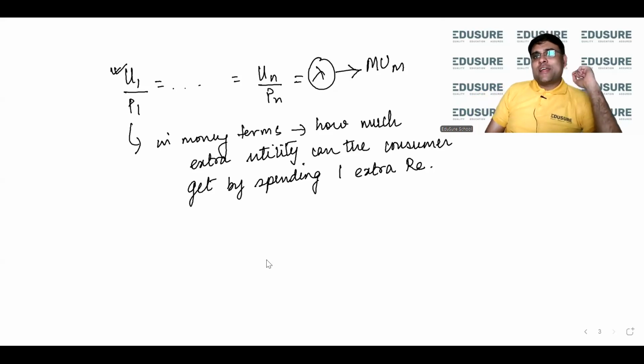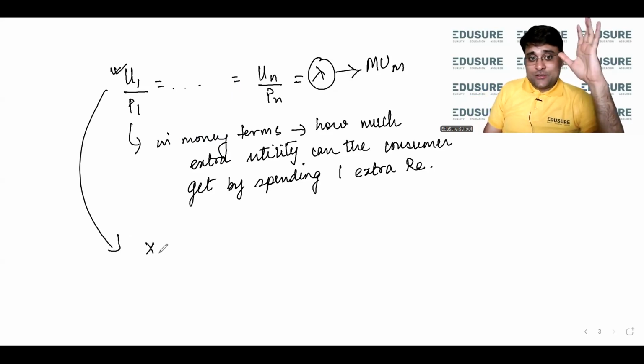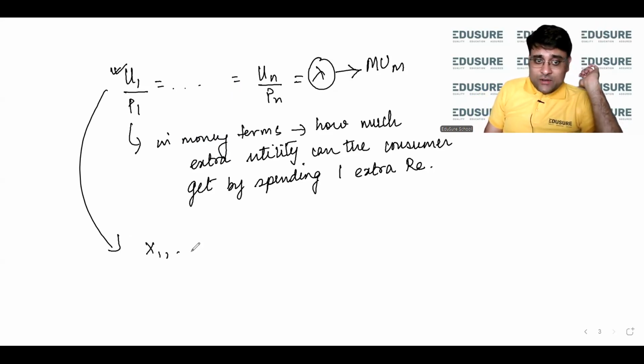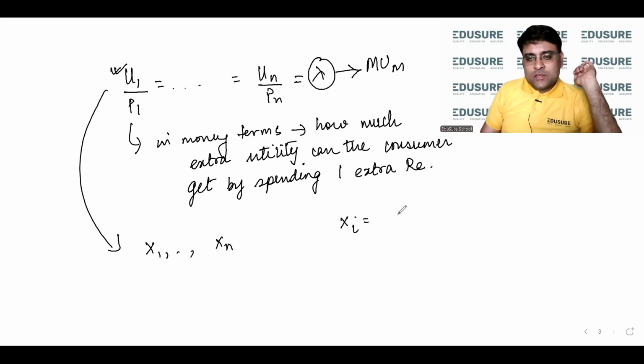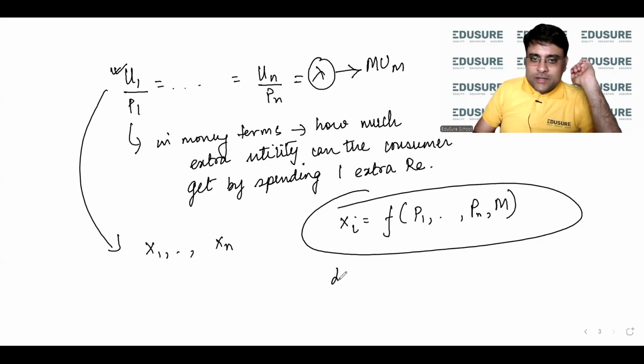The story does not end there. By solving these n plus 1 equations, you are able to find out exact values of my xi's. Okay, there are n xi's, x1 up to xn. Now each one of them is a function of P1 up to Pn prices and the money income. This is nothing but the demand function for good i.